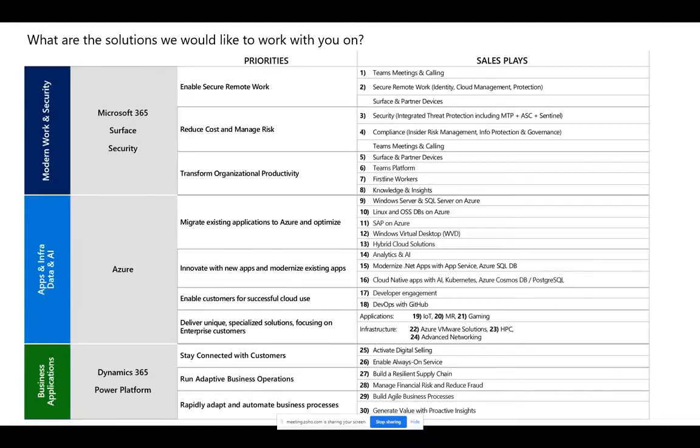But what comes at the top today, of course, considering the unfortunate pandemic situation that we have been in for nearly 1.5 years now, is the remote working solution, the Microsoft 365 suite, which not only gives you Office applications, but also unified communication solutions like Microsoft Teams.